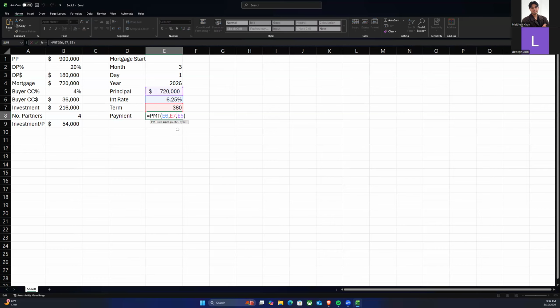There are 360 payments, but it's on a per month basis. So you can't use the rate as is, you have to do this over 12. Now, we also don't want to see it as a negative. So let's reverse it to a positive because it's not coming out of our pocket to pay it. The tenants are going to be paying this, right? Okay, so we set this up already.